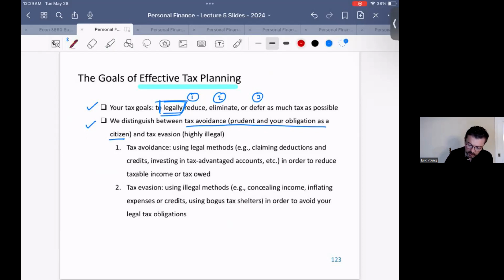On the other hand, you do not do tax evasion. That means that you are committing some type of fraud. You're getting involved in some weird scheme. You're doing something illegal. It could be concealing income or inflating expenses or using bogus tax shelters in order to illegally avoid your obligations. Okay, so tax avoidance, legal, do it. Tax evasion, highly illegal, you go to jail, don't do it. Okay, so that's what our goals are.